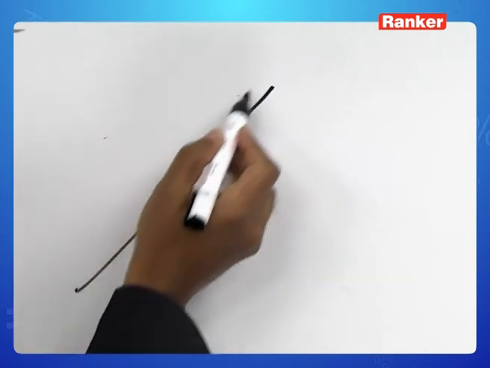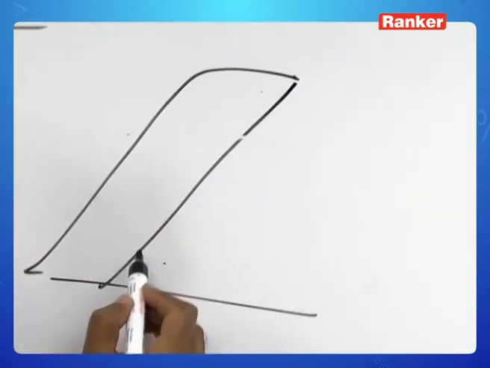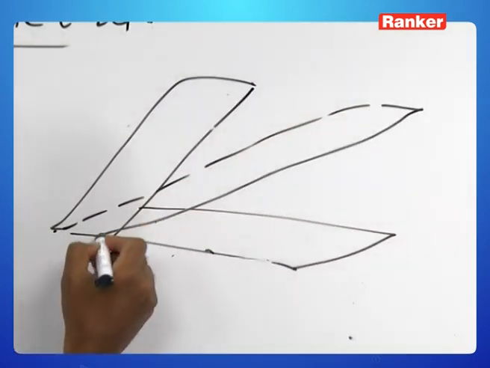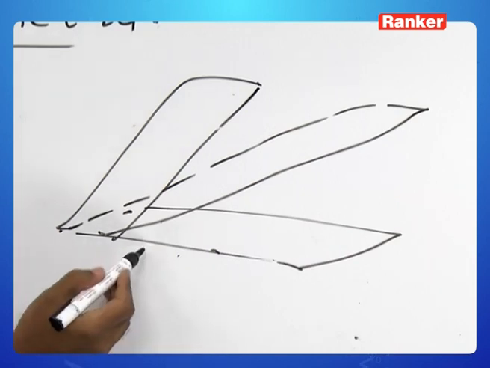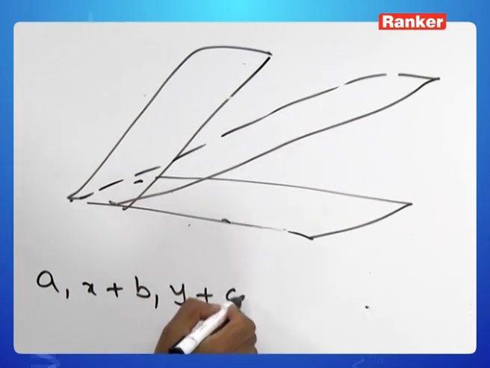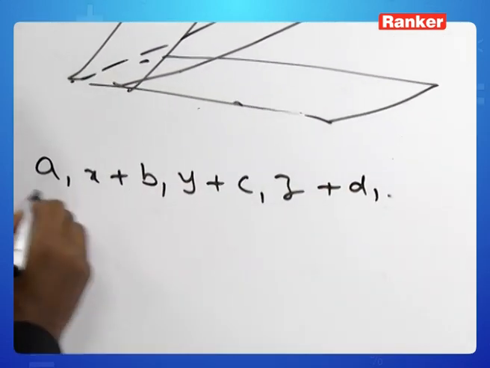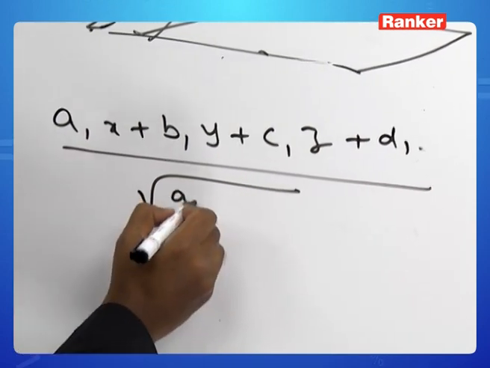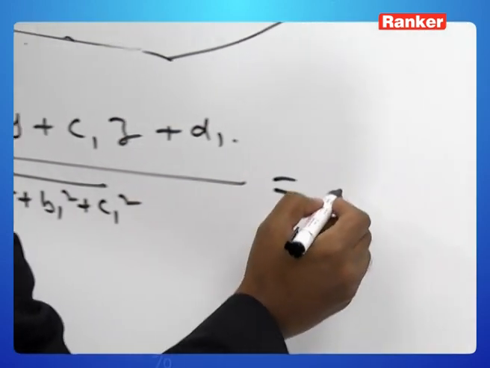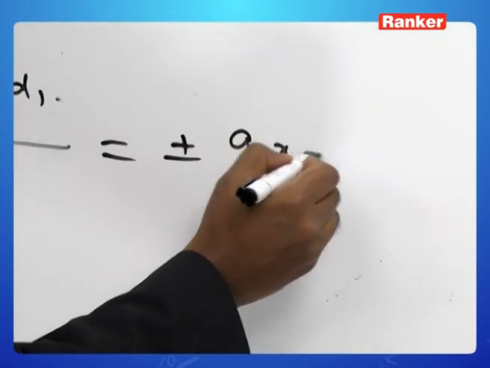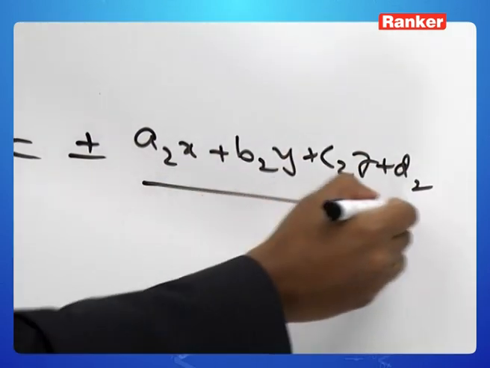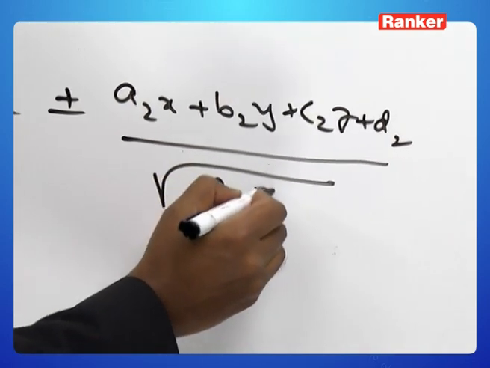Let's say we have two planes like this meeting. We want a plane which is bisecting these two planes. Now we know that the equation of the bisecting plane is given by the first plane's expression divided by root over a1 square plus b1 square plus c1 square, equal to plus or minus a2x plus b2y plus c2z plus d2 by root over a2 square plus b2 square plus c2 square.